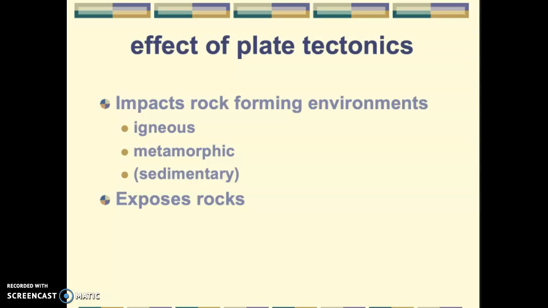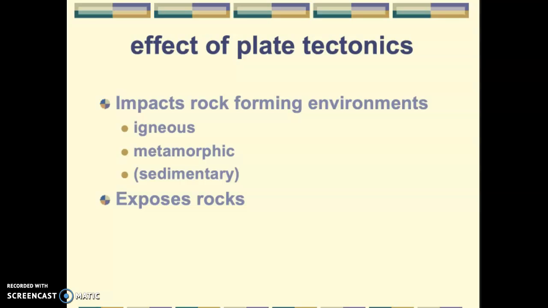Plate tectonics, which we mentioned early in the semester, impacts many of these rock-forming environments, especially igneous and metamorphic environments, and to some extent sedimentary environments, because it can move those deposits around as the plates move, and it can also expose rocks.